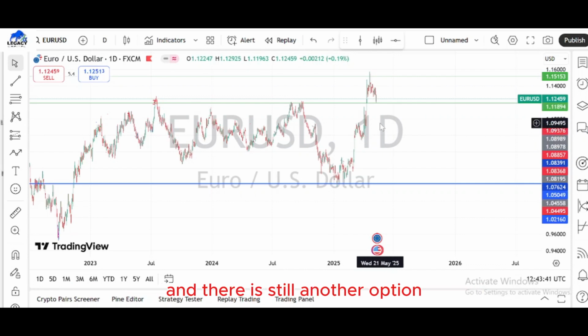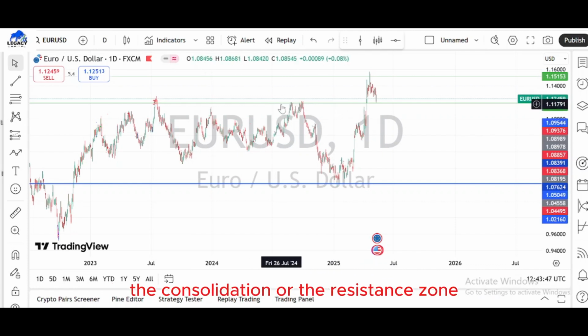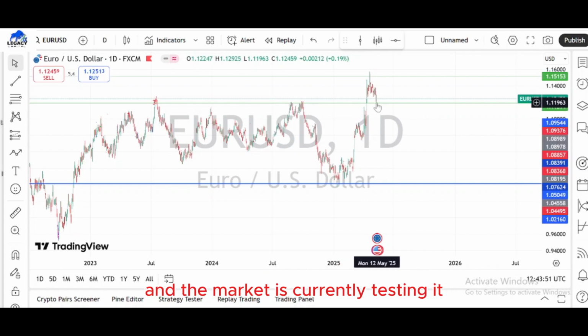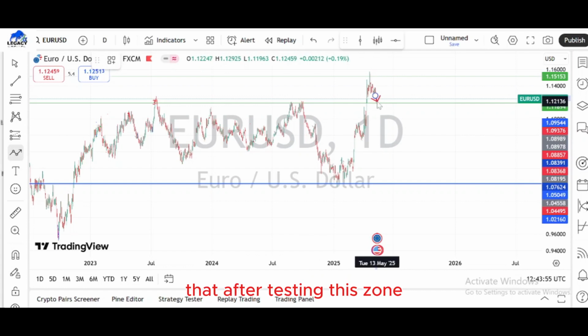And there is still another option which is very much open. The market broke the consolidation or the resistance zone, and the market is currently testing it. So there is still a possibility that after testing this zone, the market can push up.